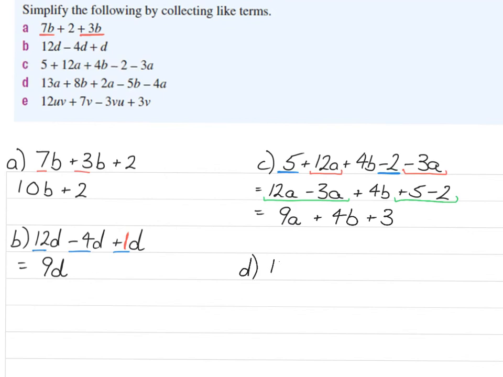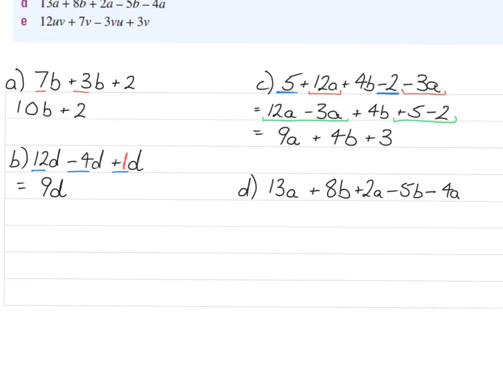So I'm going to do the same thing with question D. I'm just going to rewrite it so we can see where it's going. So I've got 13a plus 8b plus 2a minus 5b minus 4a. Alrighty, and I'm going to get my colours out. So I'm going to underline 13a has like terms in 2a and minus 4a.